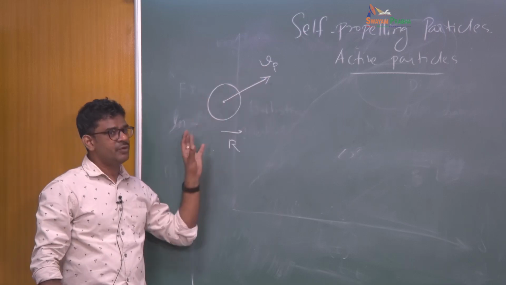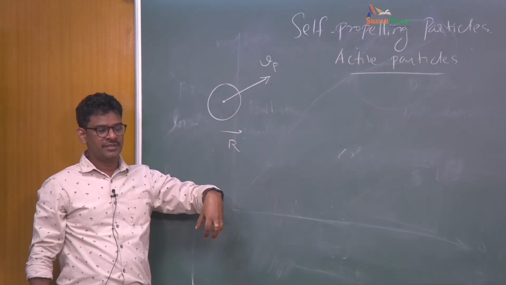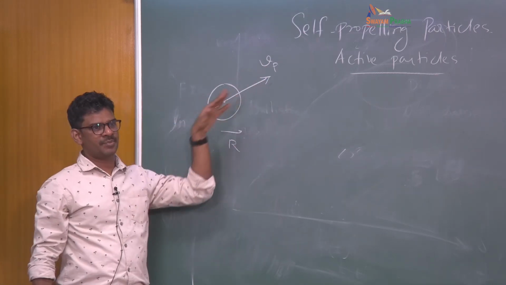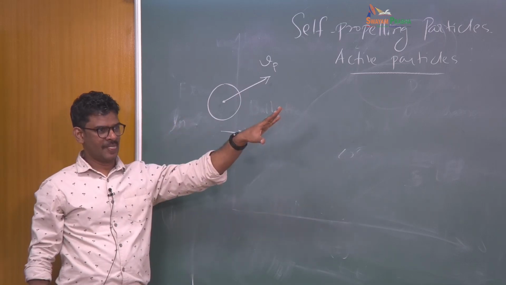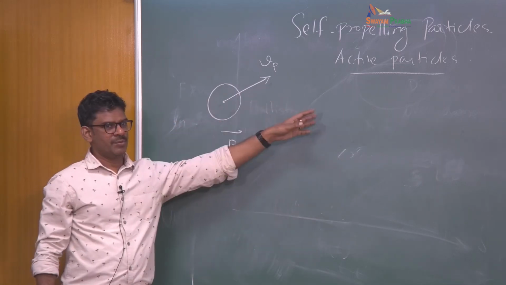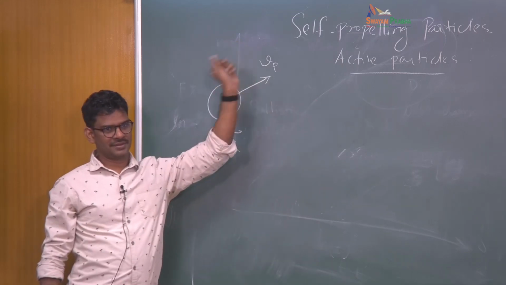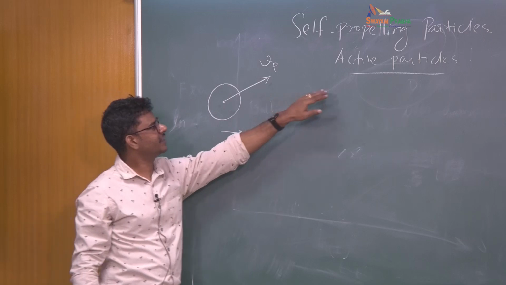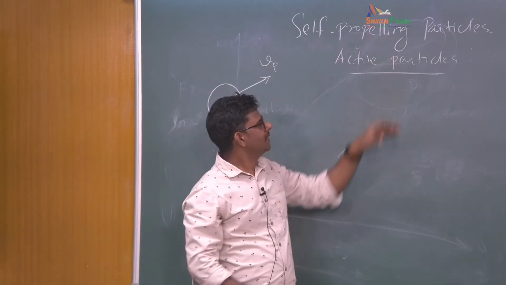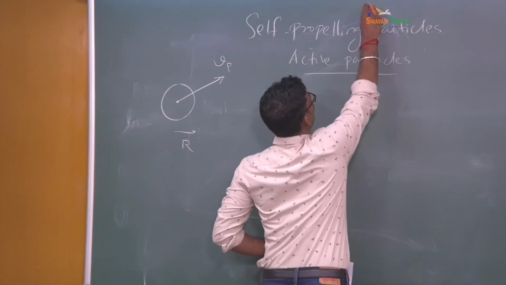The particle is able to generate enough thrust so that in this chosen direction it can have a constant velocity. At another time the particle may move somewhere else and change its orientation, and in that direction it will go. That's what is called an active particle or self-propelling particle. So this is a Brownian particle.